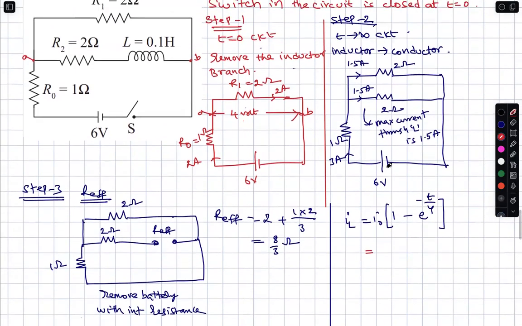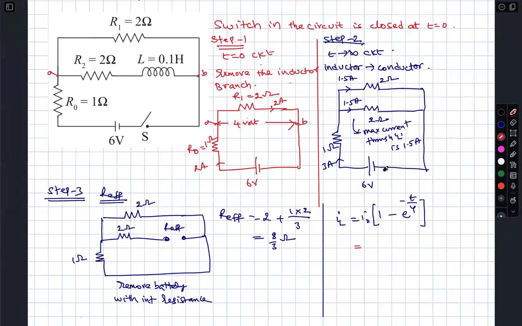Can you please help me? What is the maximum current through the inductor? I have given it. Everything is on the board. Nidhi, what is the maximum current through the inductor? Sir, I know. What is the maximum current through the inductor, Nidhi?